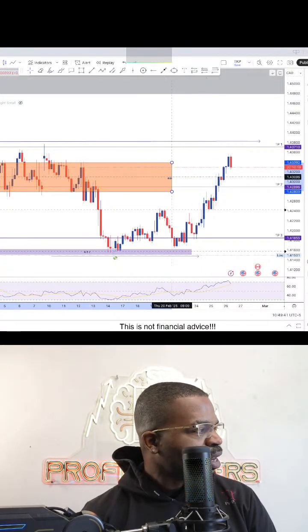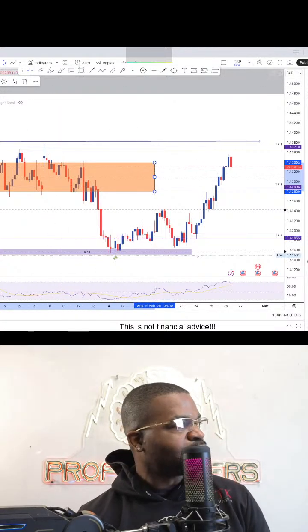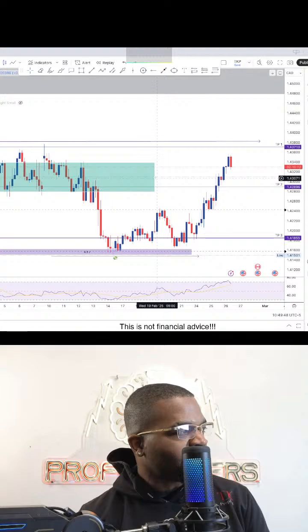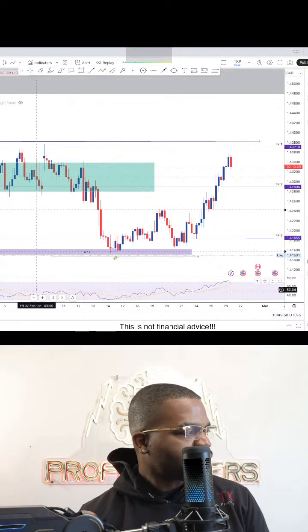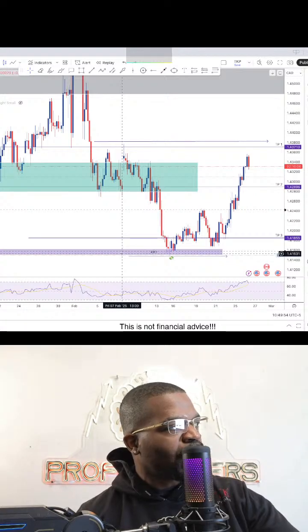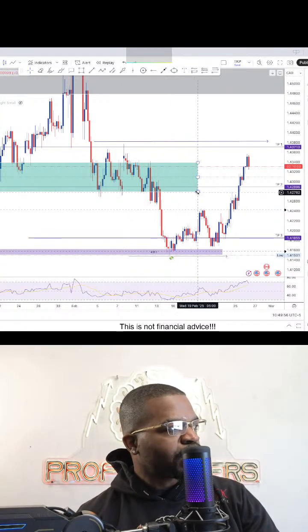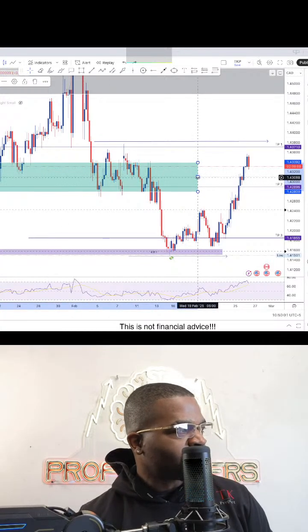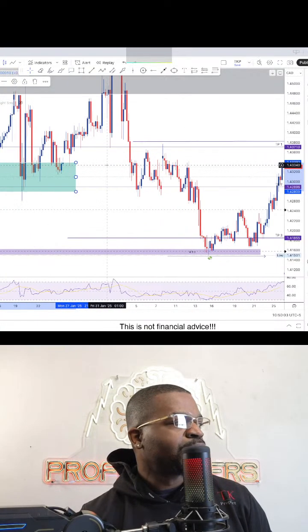Okay, so right here, this level is a key level in the market. So we very well could see the rejection from here, okay? Now, the way we play our setups, let me draw it a little differently. The way we play our setups is we trap price for the most part.